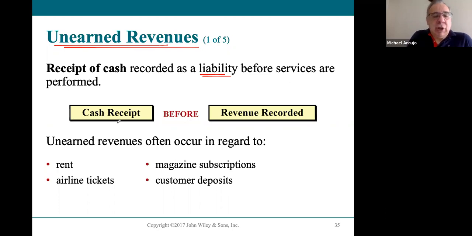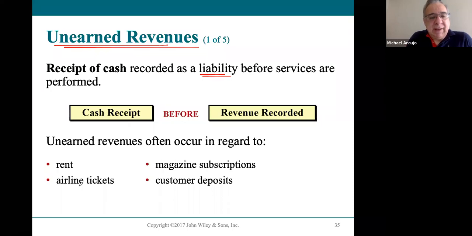Okay. So it affects landlords and other things when they have rent that's collected, unearned rent revenue. Of course, the airlines, maybe not these days as much, but in normal cases, you pay for a ticket up front, right?